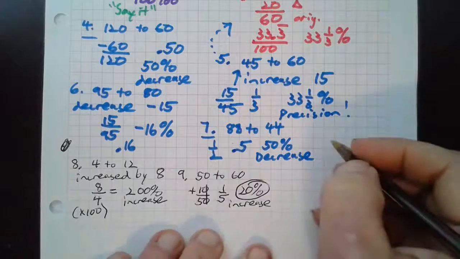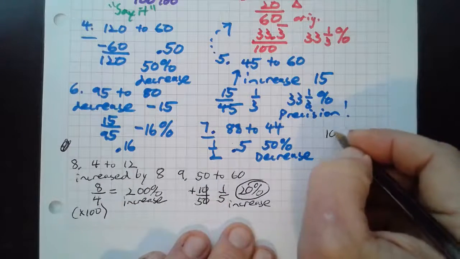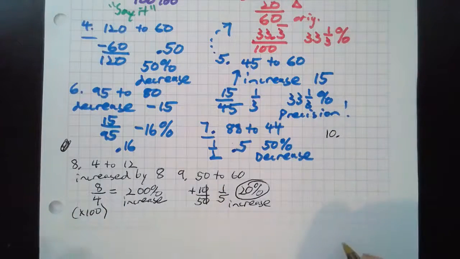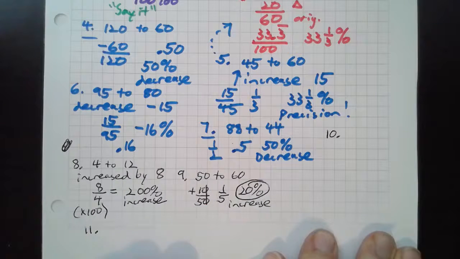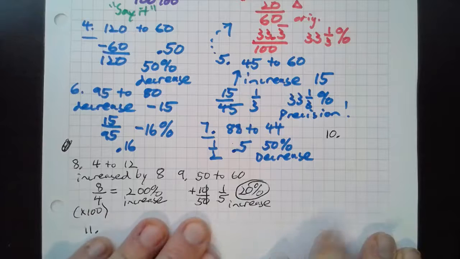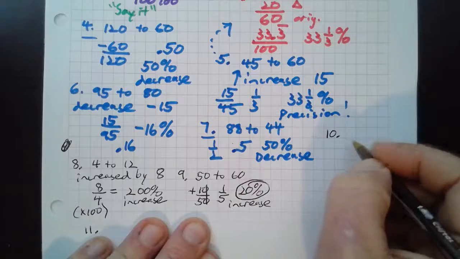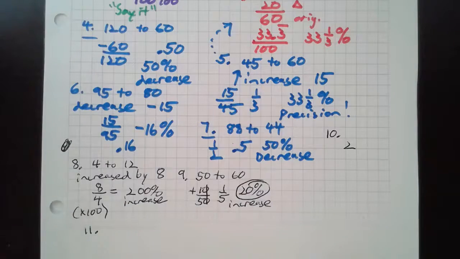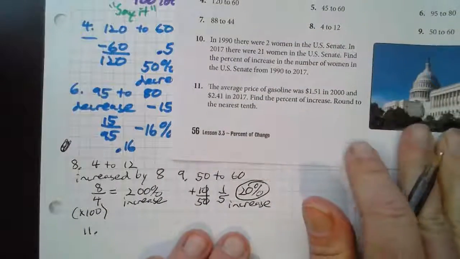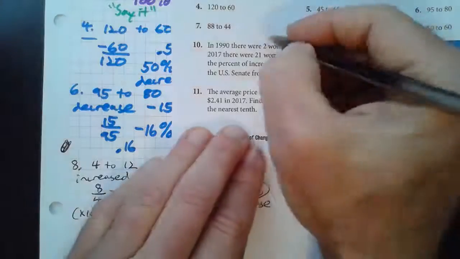Number 10. It's going to be tough. I'm going to start over here and use this room, and then I'll take number 11 down here. Okay, number 10. 1990, there were 2. That's the original. In 2017, here, let's show this one. Okay, original.